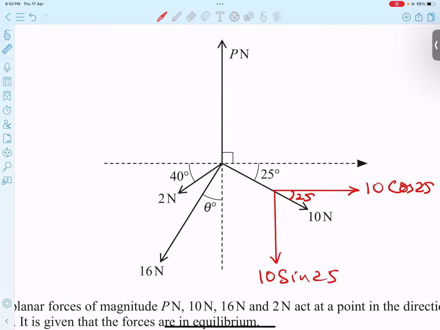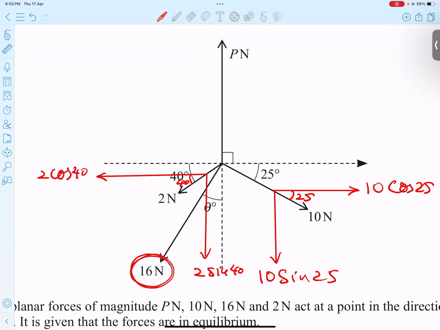Now let's talk about this 2 and 40. One force is acting parallel to the x-axis and one acting parallel to the y-axis. And this 40 is given here, so this is 2 cos 40, and this is 2 sine 40.